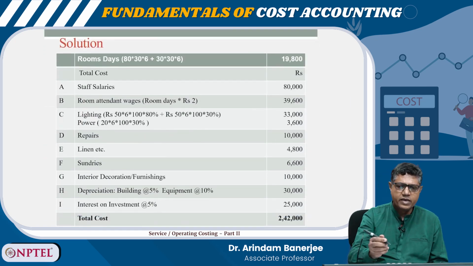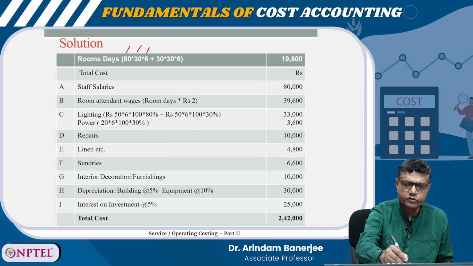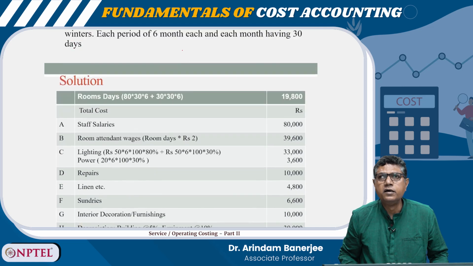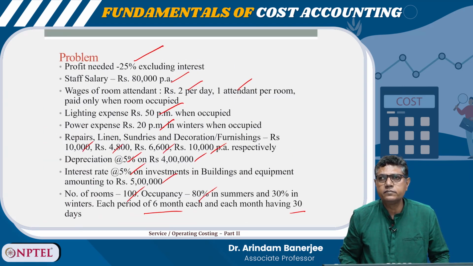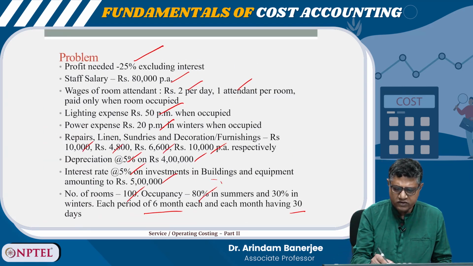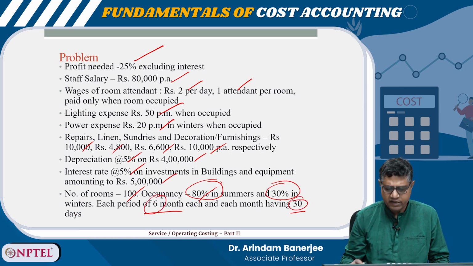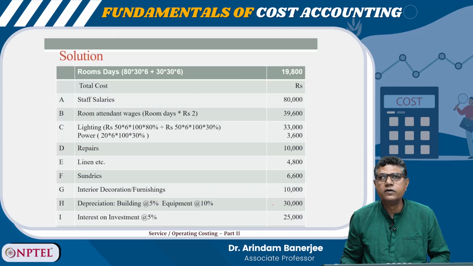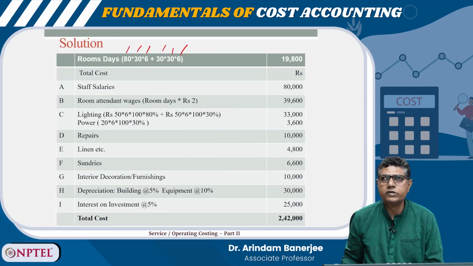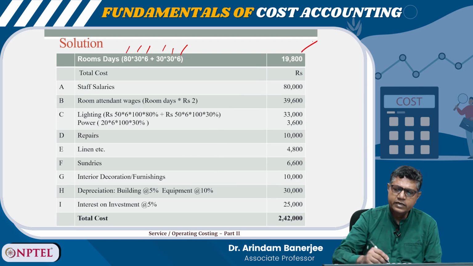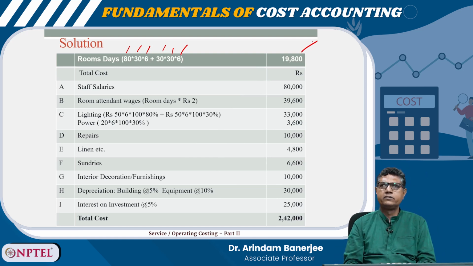Room days is 80 into 30 into 6 plus 30 into 30 into 6. It is given here: occupancy 80% in summers, 30% in winters. Each period has 6 months, having 30 days. So it is 80 into 30 into 6 and 30 into 30 into 6. So it is coming to 19,800, right?